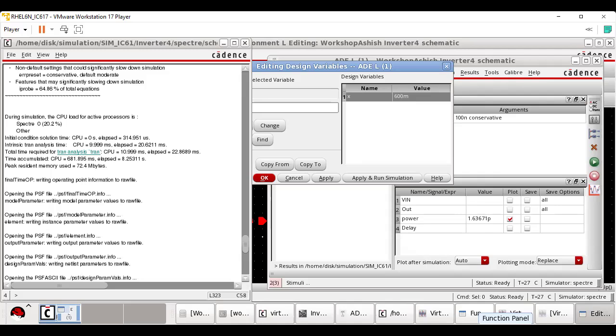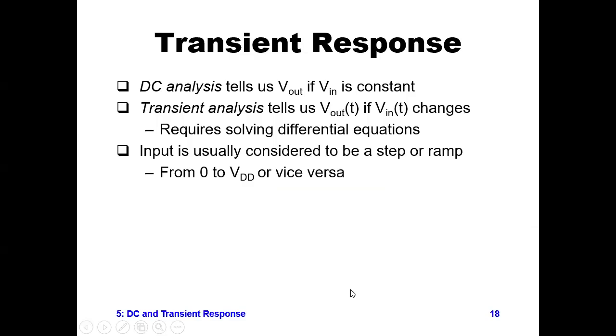Right. So I start with the concept of transient response.